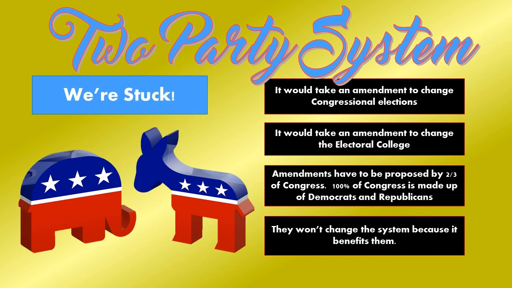Amendments have to start with Congress, so we need 2/3 of Congress to agree on how to change these systems to allow for more party competition. But the problem is that 100% of Congress is Democrats or Republicans. So even though they may not agree on much, they may not agree on policies or anything like that, they can agree that they like the current system because it gives their party advantages.